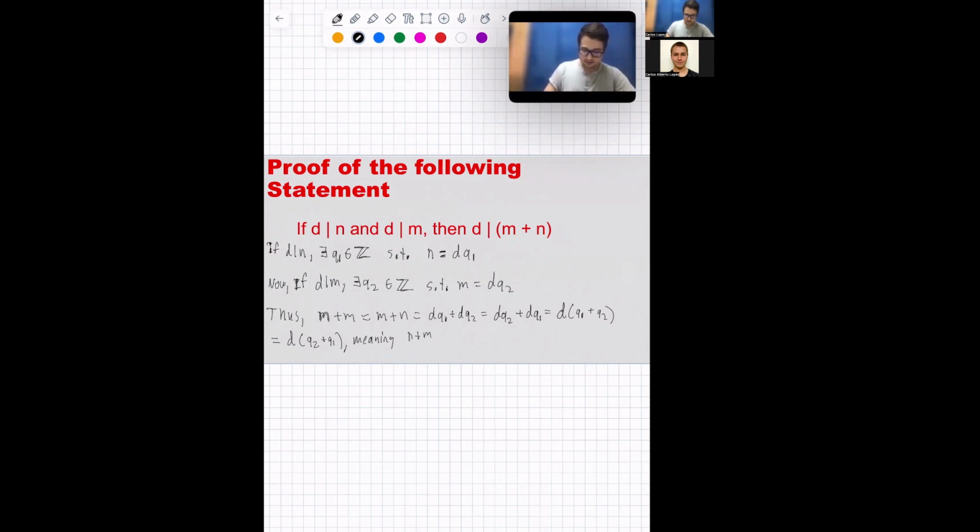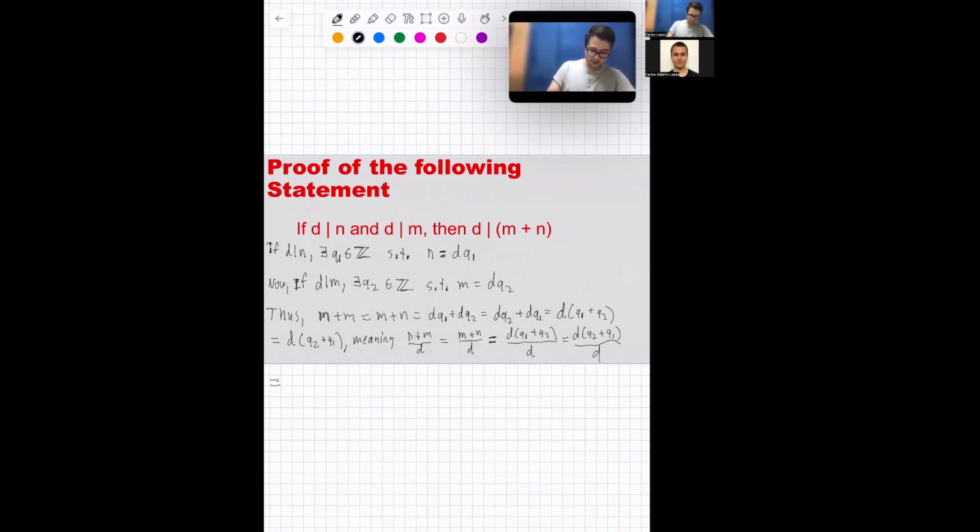n plus m divided by d is equal to m plus n divided by d, right? Which is equal to d times q1 plus q2 divided by d, which is equal to d times q2 plus q1 divided by d.